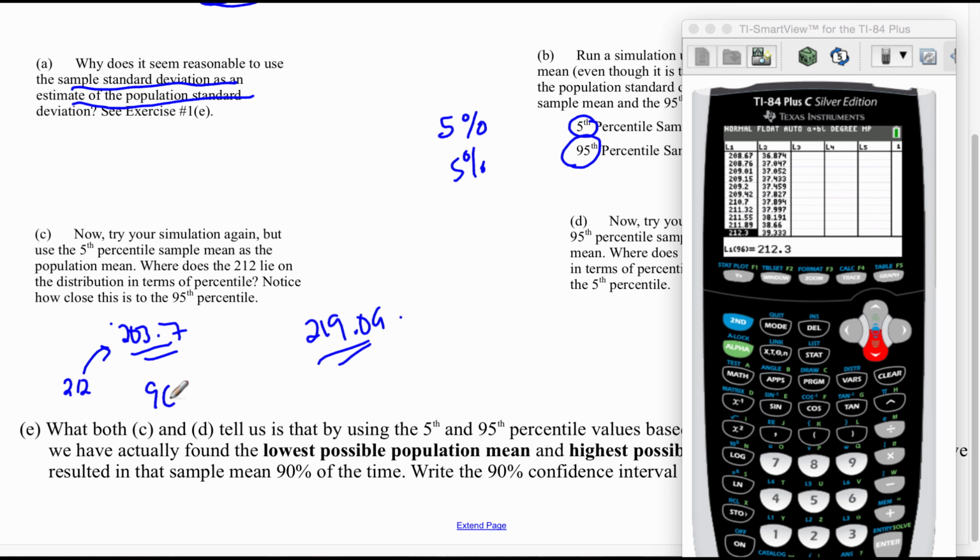I'm going to run this sample mean again, and this time I'm going to use 219 as the average, to look at the high side and see where that puts me. All right, cutting out again. See you soon.